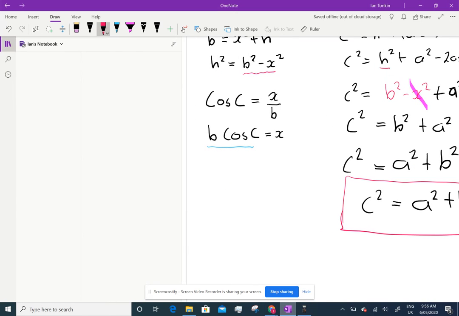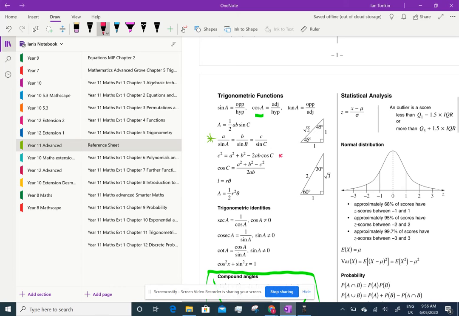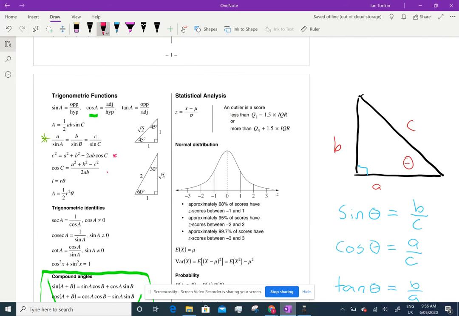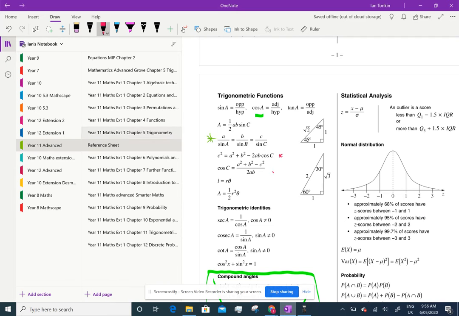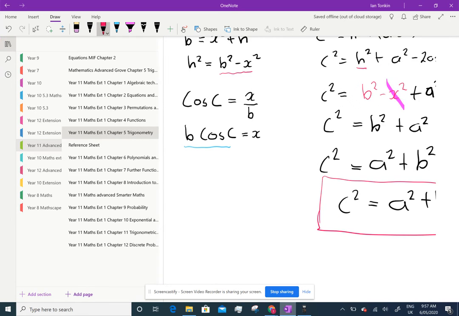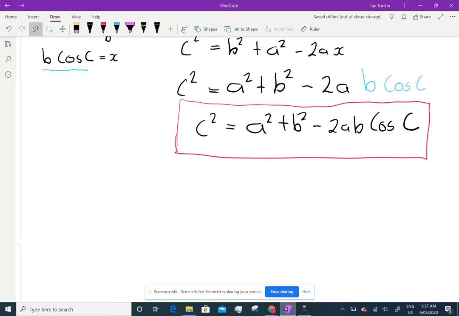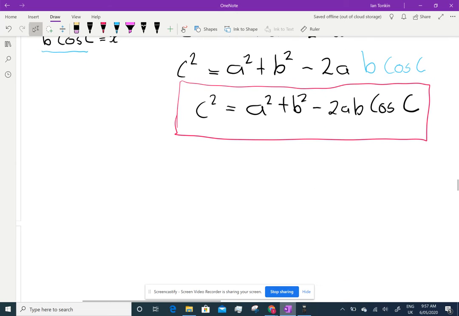Did it give us both versions? Yes, it did. Now, how do we get that second version? Well, it's just a little bit of algebraic manipulation. So if I want the angle by itself, I'm going to add the 2ab cos C over.